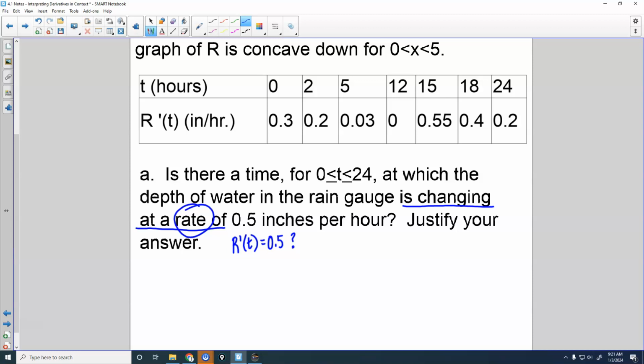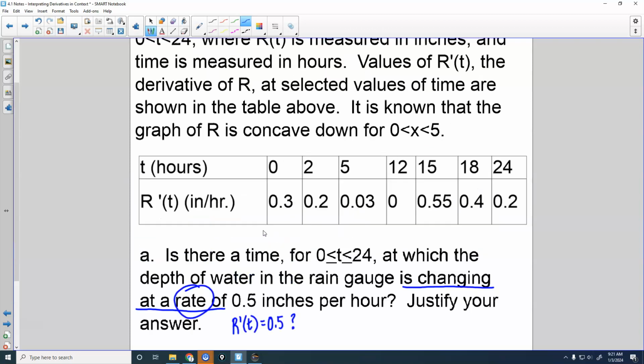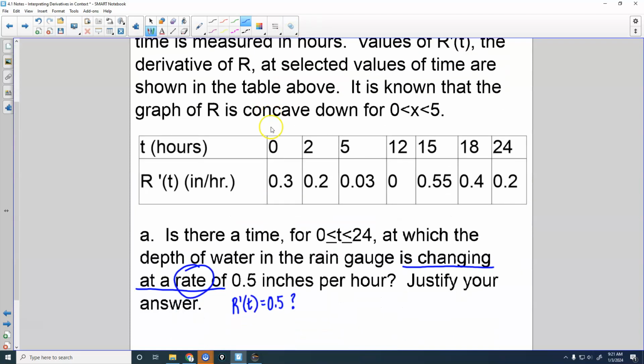This goes all the way back to the beginning. Because if I look at my numbers here, at 12 hours, my rate was 0. At 15 hours, my rate was 0.55. Did it have to pass 0.5 to get there? It definitely did. That only works if this is continuous, but they told us that R is twice differentiable.